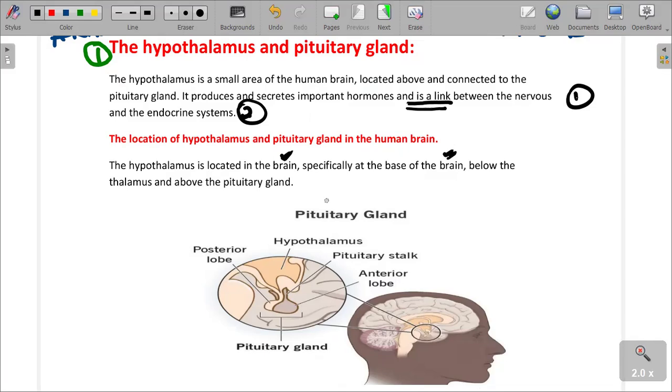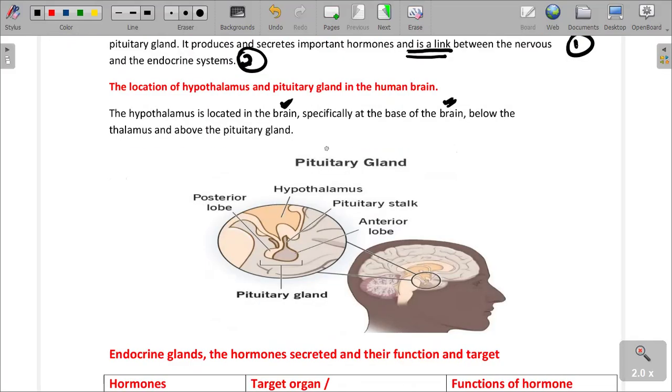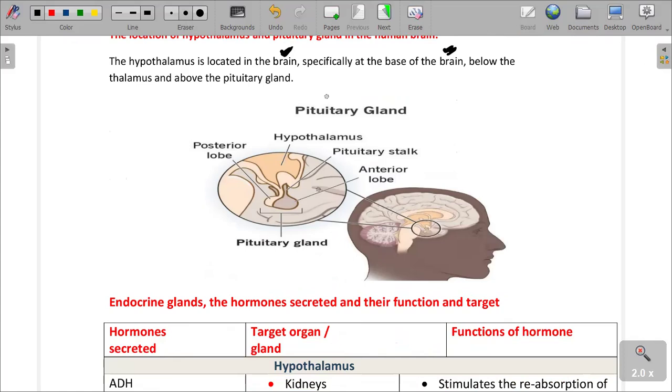Most times in exams, they give us a diagram such as the one I have attached here, with the hypothalamus, and you are asked to identify the hypothalamus, the pituitary gland, and other related glands that might be involved all over the body.